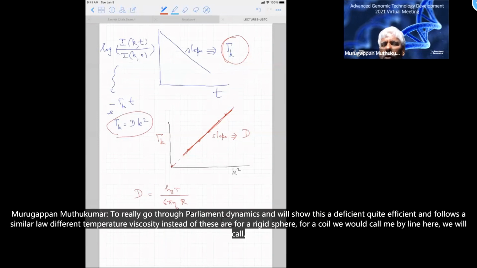So we will go through polymer dynamics and we'll show this diffusion coefficient follows a similar law, depends on temperature and viscosity.